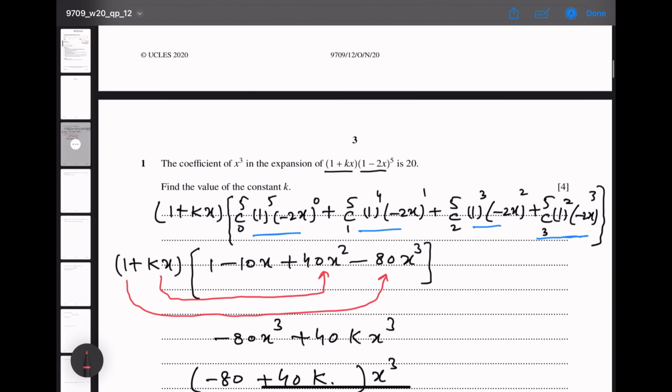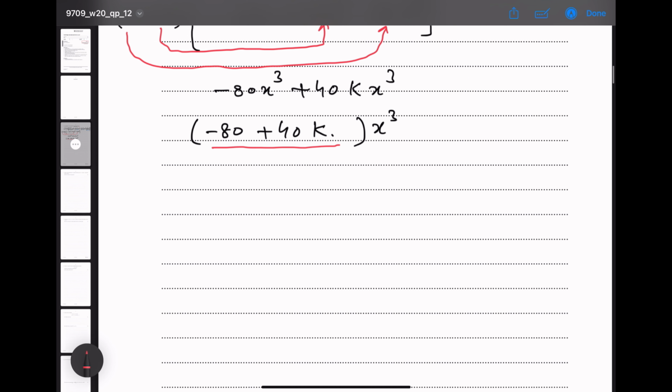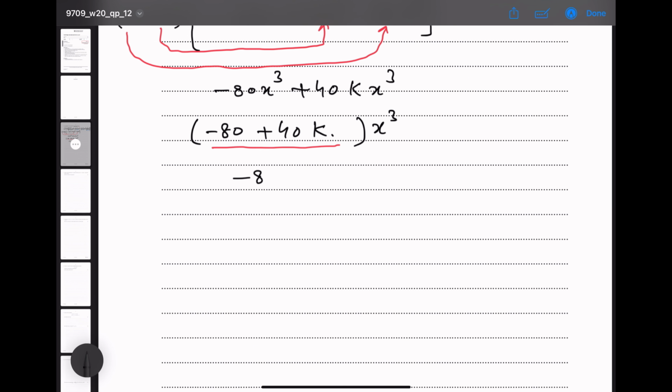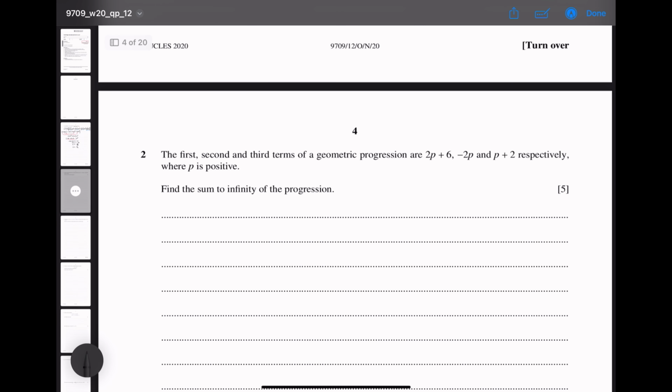Now the coefficient of x cube is given, that is 20. So minus 80 plus 40k is equal to 20. From here 40k is equal to 100. k is equal to 100 over 40, that becomes 5 over 2. Move to the next question.